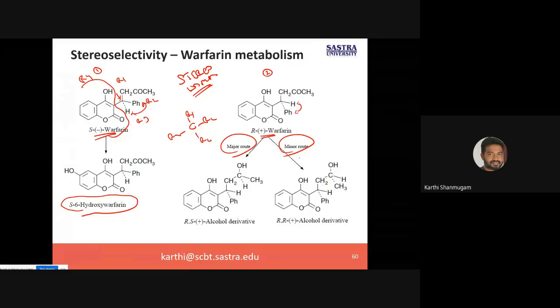If it uses the minor route, the final product will be the RR alcohol derivative. The point is that it is not necessary that both enantiomers end up with the same metabolite. The metabolic path may differ if they are stereoisomers. Since the path varies, the final metabolite will also vary. Is it understandable?